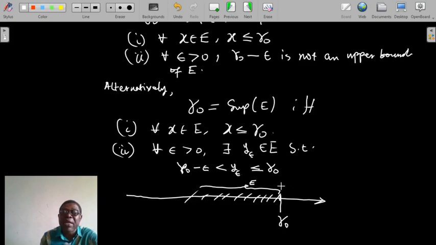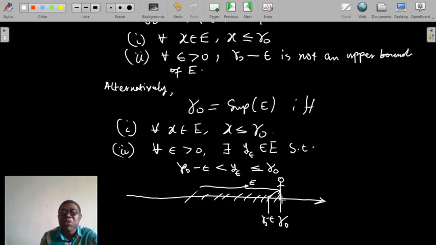What we are actually saying, just as I depicted in that lecture on infimum, is that assuming someone stands here, this time around stretches his or her leg backwards and covers a distance epsilon, the new position where the leg will fall will be at gamma naught minus epsilon.